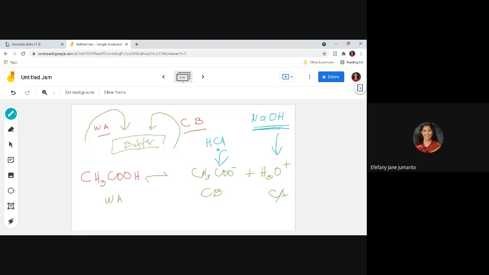So that's why the buffer can resist pH change.